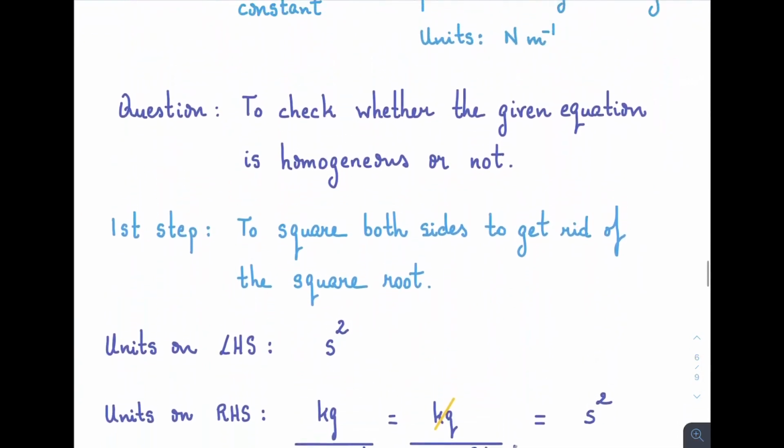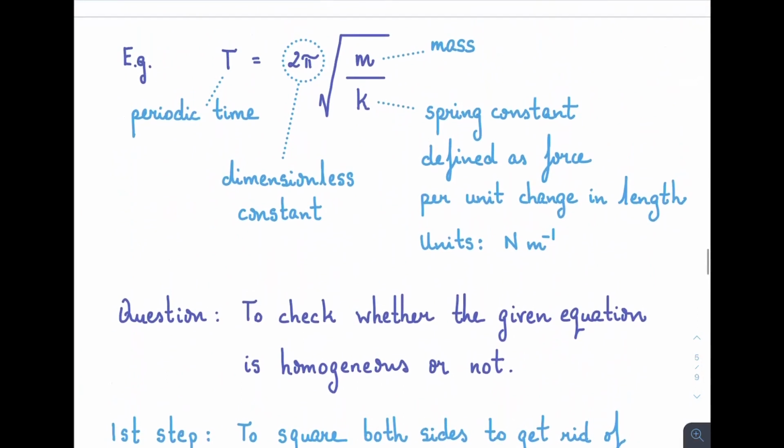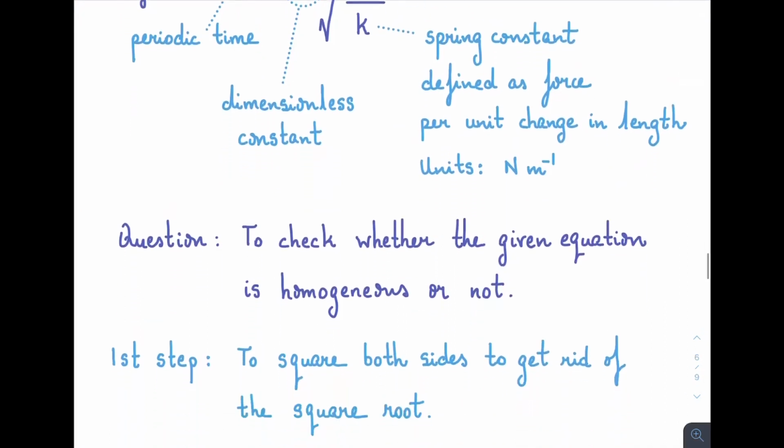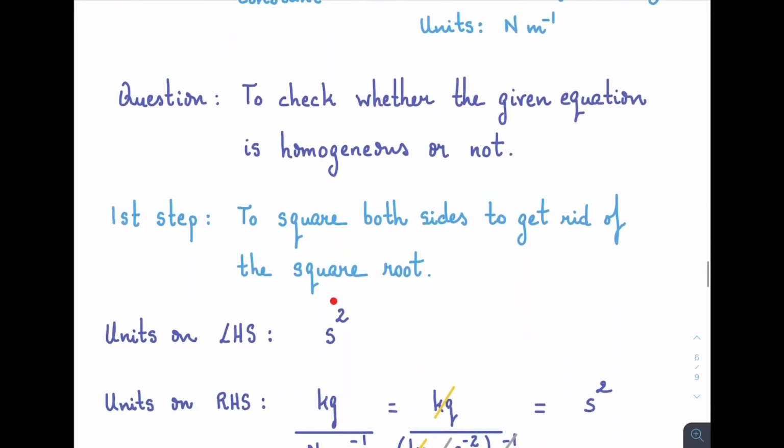If we look again at the equation, the units on the left-hand side would be seconds squared, because if we square capital T, we get T squared, so its units would be seconds squared.